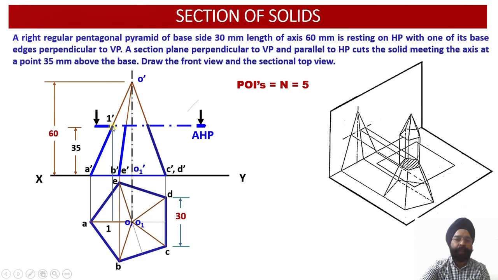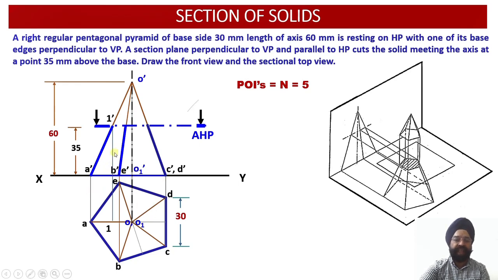It was cut by a cutting plane, yielding me a point of intersection 1 dash at this location. Just like any other projections, 1 dash and 1 will be lying in a single vertical line. So I am going to draw a construction line or a projector line. All projector lines corresponding to the cutting plane I am showing with the help of a sky blue lighter line, whereas all others we had drawn with other colors.